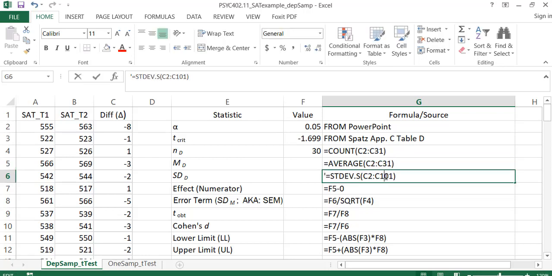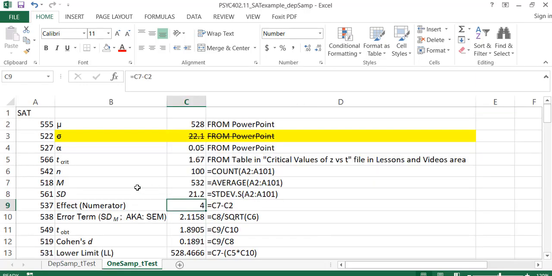The reason that's there is I originally pulled some of this from the one sample t-test, and I've left the one sample t-test here so that you can make some comparisons about the formulas and realize that really one sample t-test, we are looking at, does this average differ from our population mean?